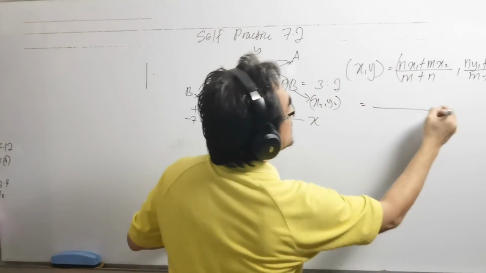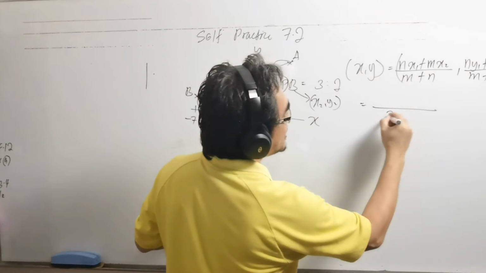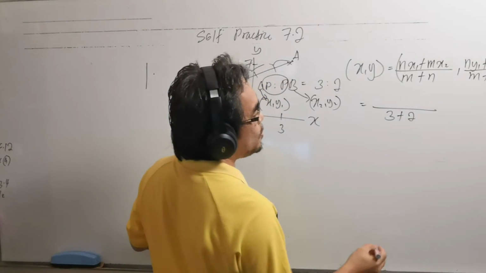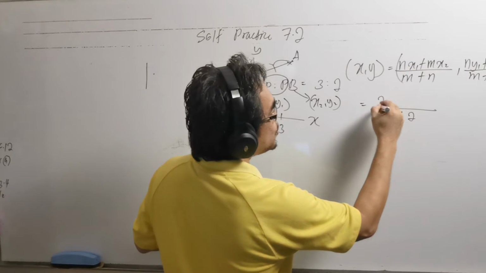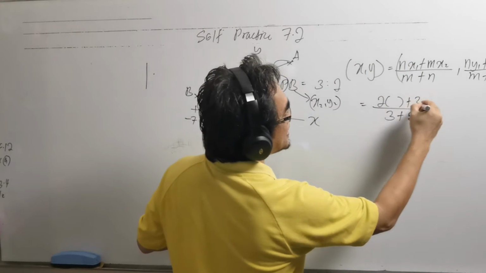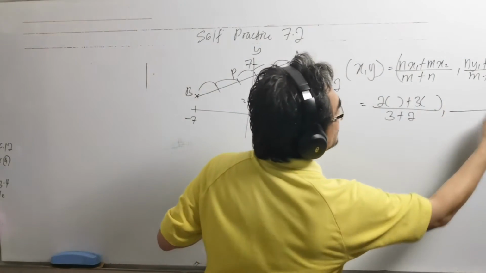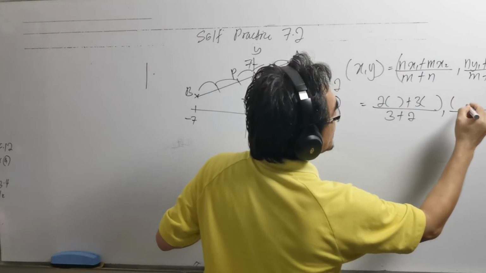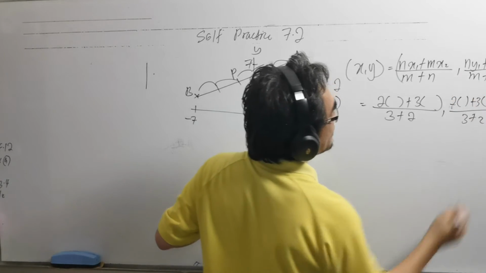So usually how I will write down the ratio: 3 plus 2, and then because M plus N comes first, 2 times plus 3 times. That is how I put in the coordinates. 3 plus 2, here will be 2 times plus 3 times.